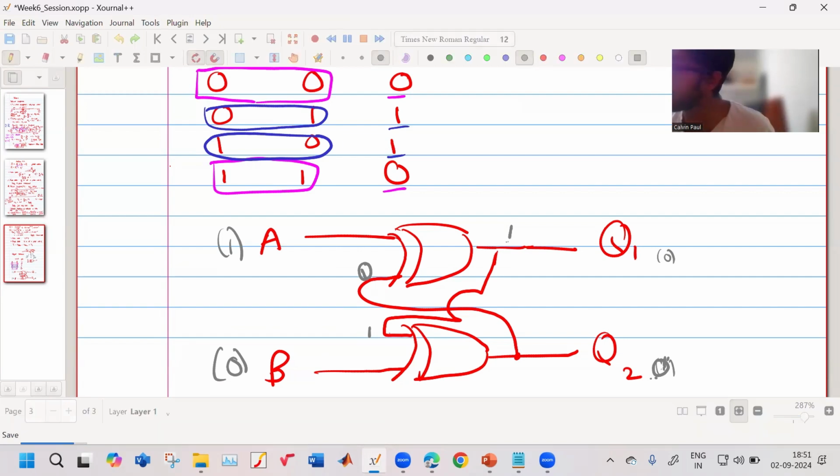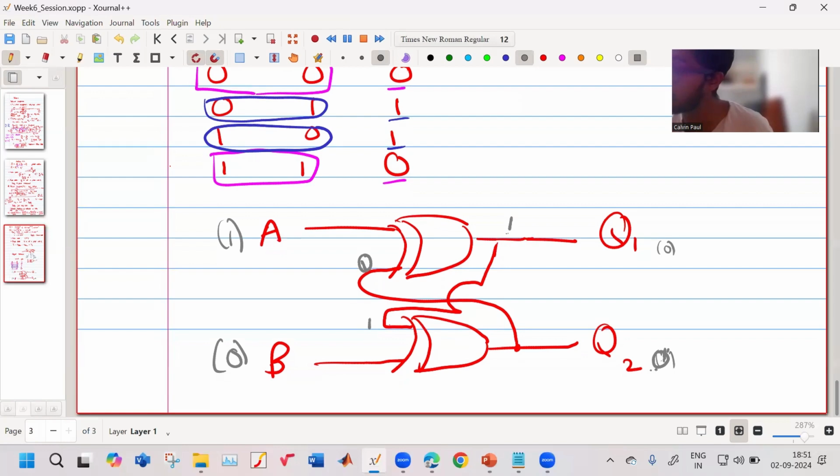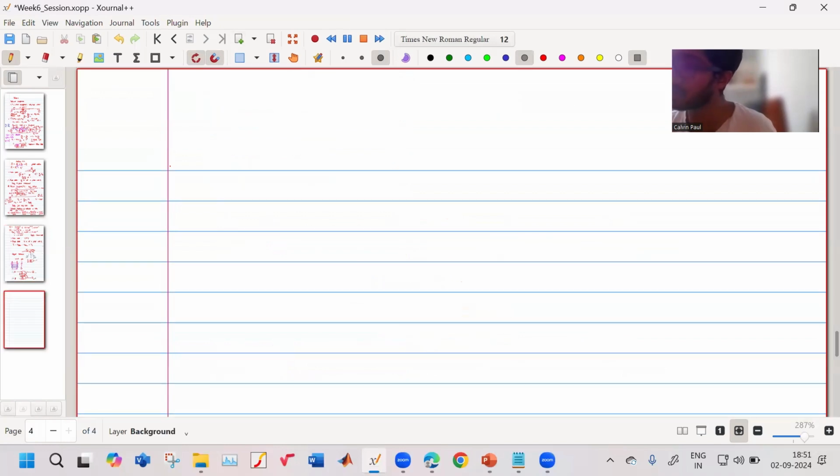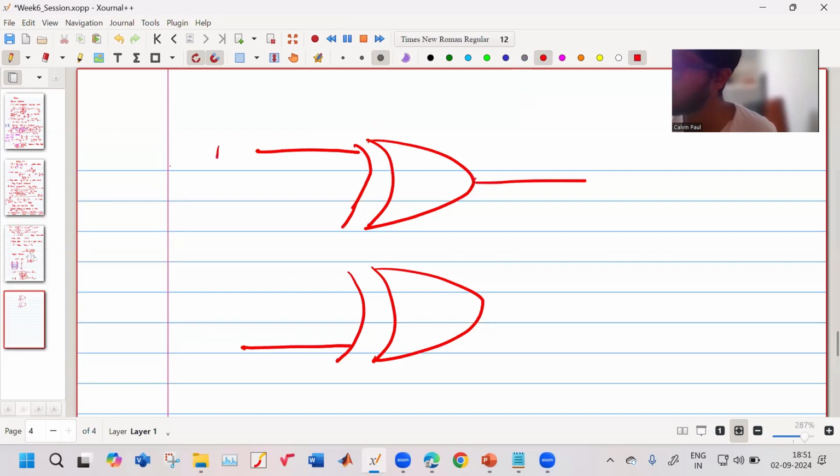Okay, let me draw on a fresh page because perhaps I'm making some mistake. This is my A, this is my B, this is my Q1, this is my Q2. This output is going here.